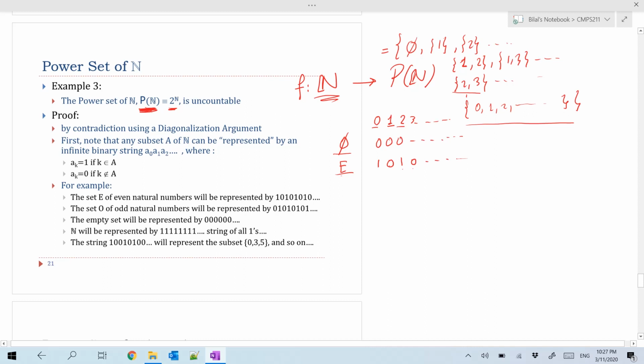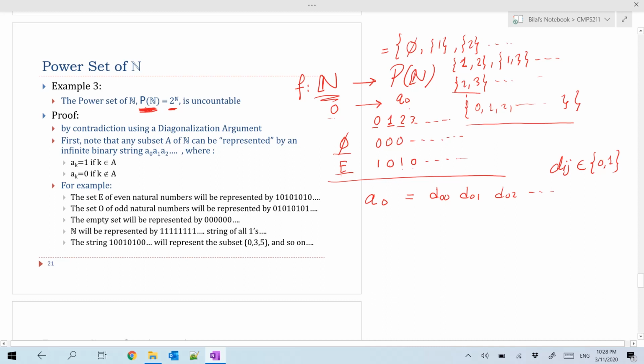How can this be useful to prove that we cannot find such a bijection? So let's say you could find it. So you could map 0 to a certain element here in P of n, and let's call this element A0, okay? 1 to A1, and so on and so forth. So your elements of P of n would be denoted by those sequences. So suppose that A0 is equal to d00, d01, d02, and so on and so forth, where in this example, dij belongs to the set {0, 1} only.